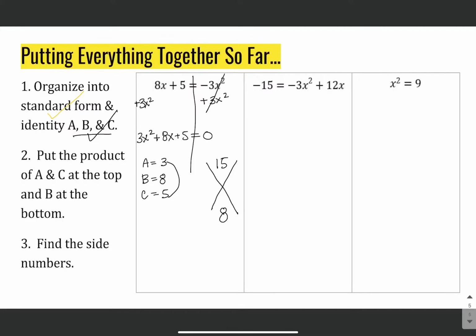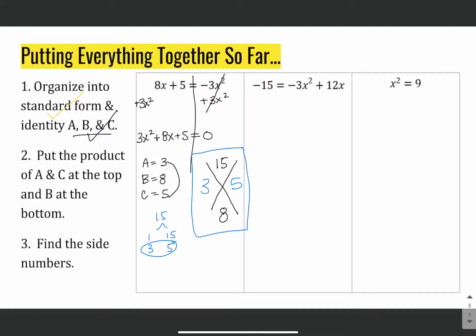Now I need to figure out my side numbers. If I think about the factors of 15, we've got 1 and 15, 3 and 5. Nothing else will work. We definitely need this 3 and this 5. Now notice it's a positive up on top. It's a positive on the bottom. We can check it. 3 times 5 is 15. 3 plus 5 is 8. All right, we are good.